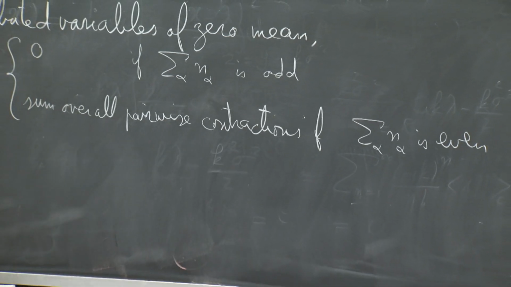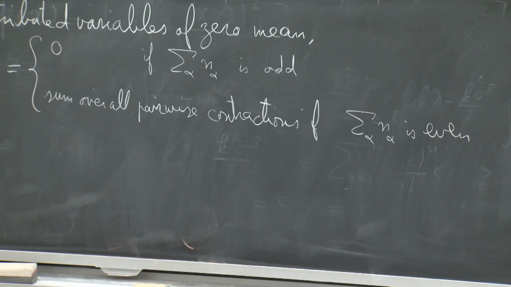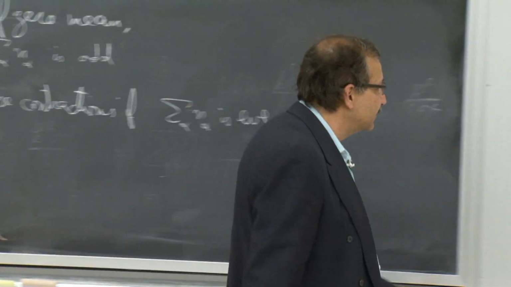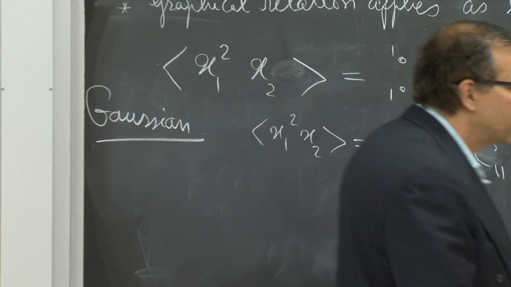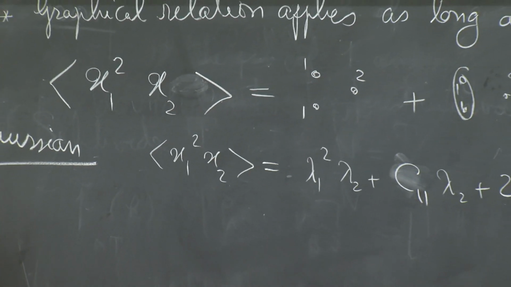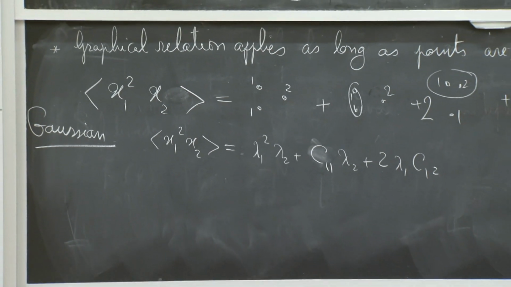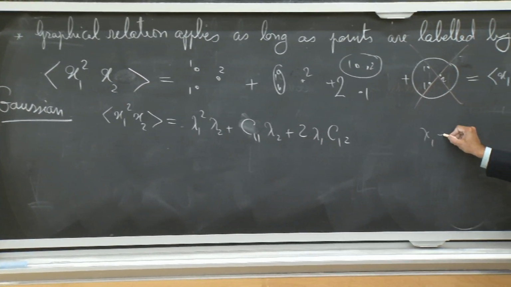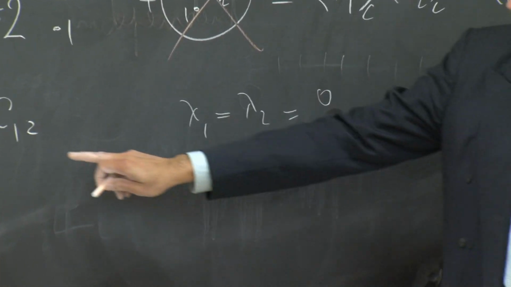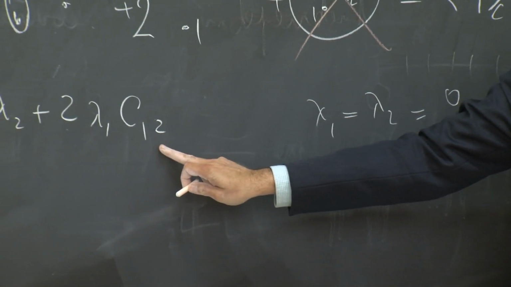Okay. So actually, I have right here an example of this. If I have jointly distributed Gaussian variables where the means are all 0, so if I say that lambda_1 and lambda_2 are 0, then this is an odd power, x1 squared x2.